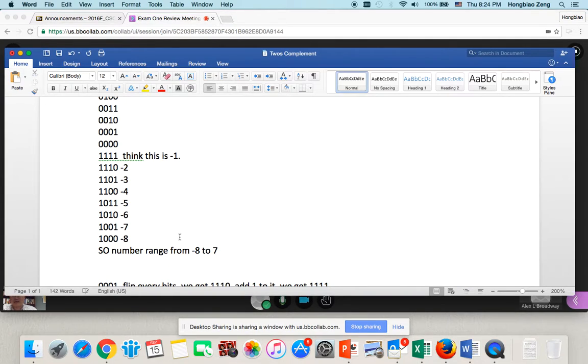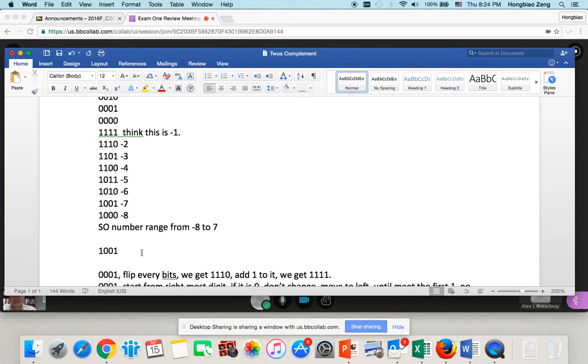Now let us practice one more two's complement. Say I give you the number 1001 and ask you what its value is. I say this is in two's complement format. When I say that, you know the first bit is a sign, so this is a negative value. To understand what the negative value is, I find its two's complement.